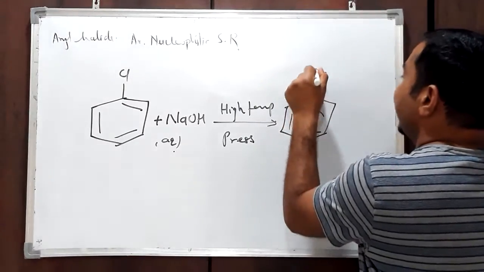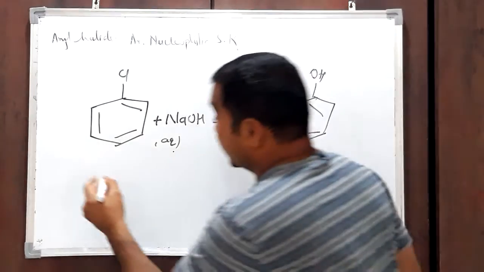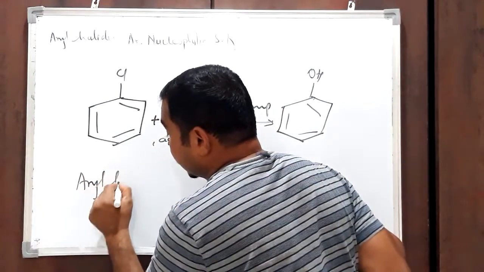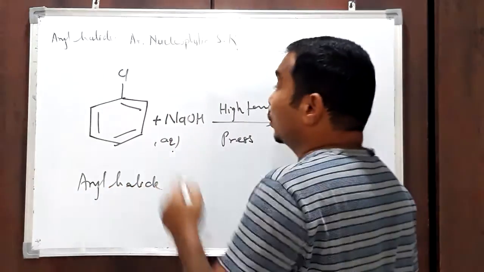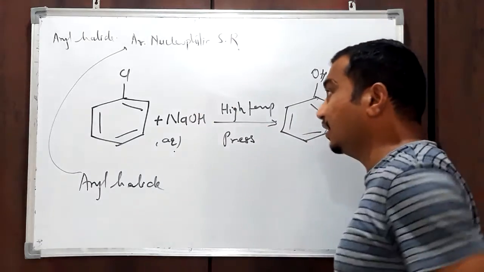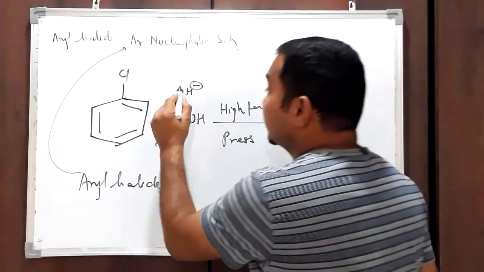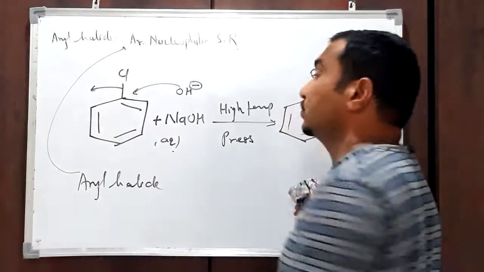So this reaction clearly indicates that chlorobenzene or aryl halide shows substitution reaction, and OH minus ion from NaOH replaces Cl minus from the benzene ring.